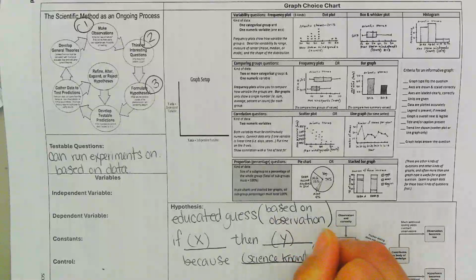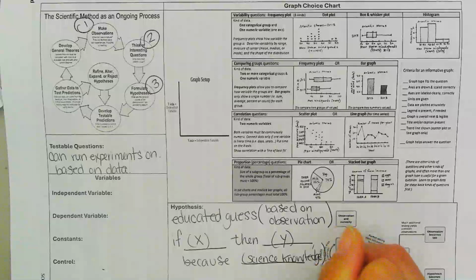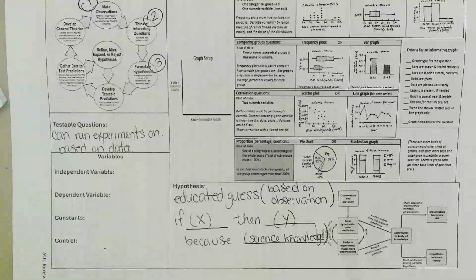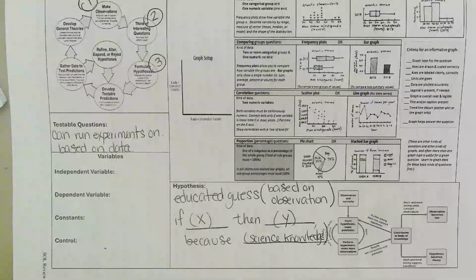This is what makes it educated. If I eat breakfast, then my test scores will go higher because carbs give you energy and you need energy to use your brain, right? I'm giving it more info and I'm making my guess based on something I know.